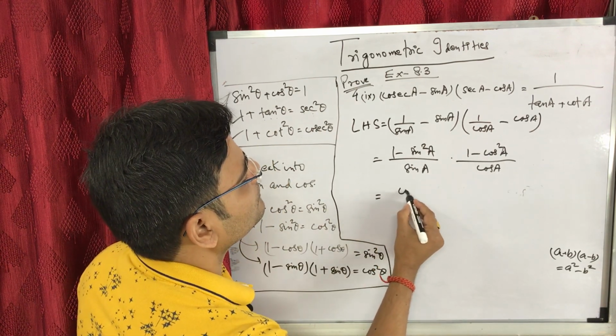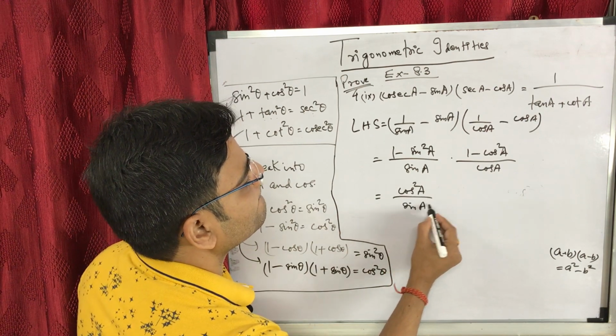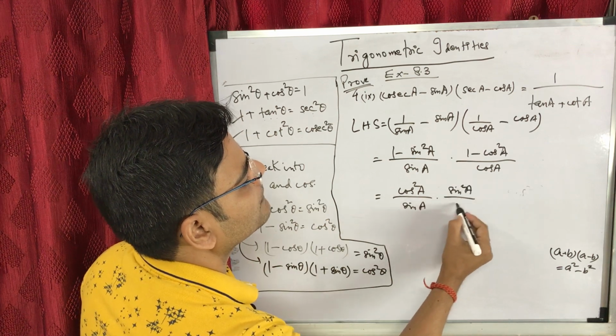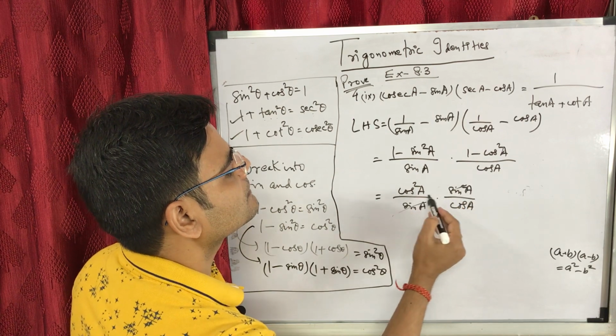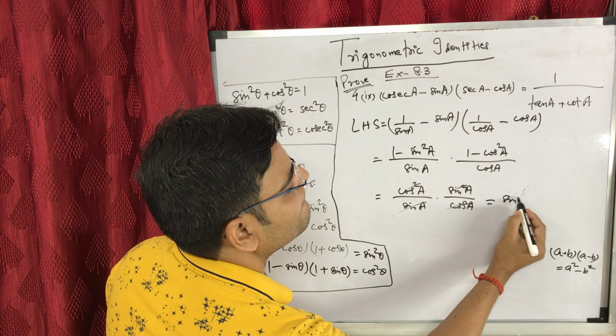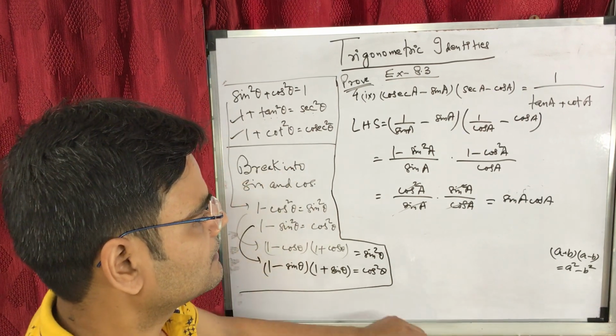So this becomes cos square a by sin a into sin square a by cos a. So one sin goes, one cos goes. So we are left with sin a cos a. The hint says resolve sin a cos a separately.